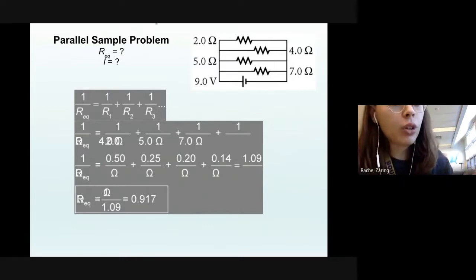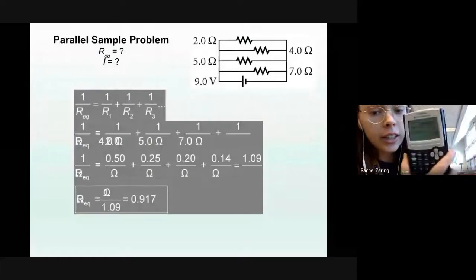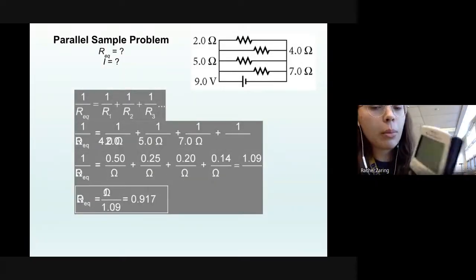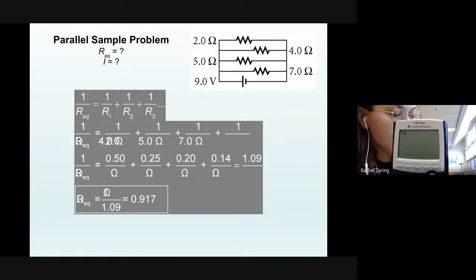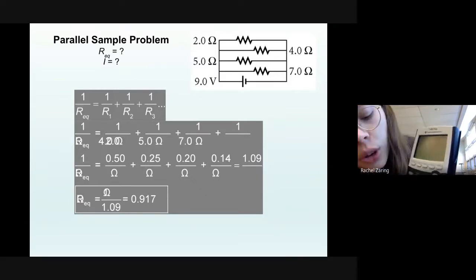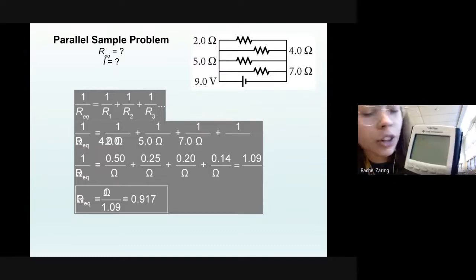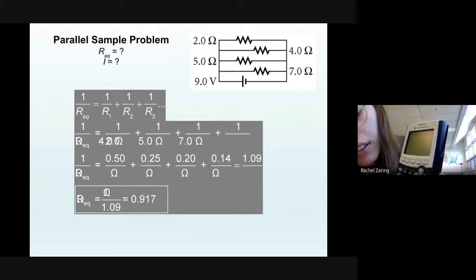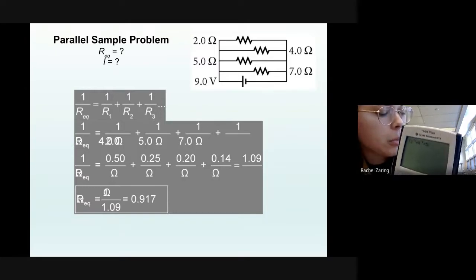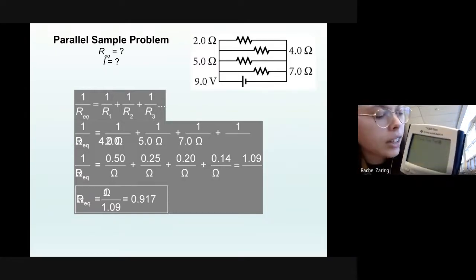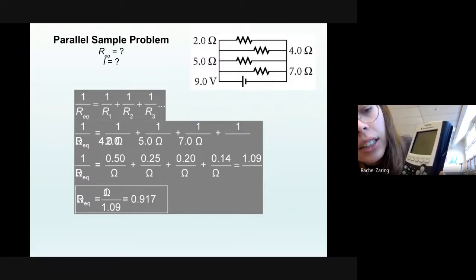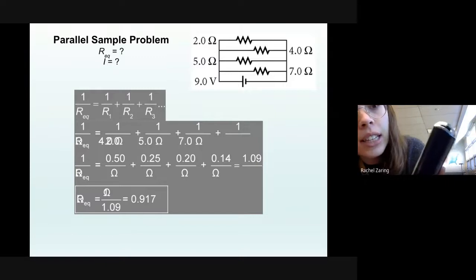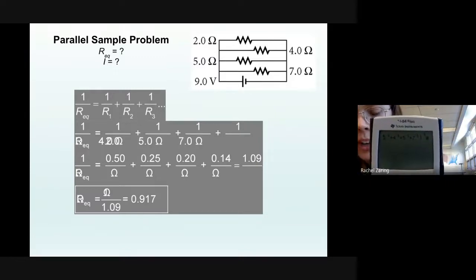Let me show you how to plug this into your calculator using that inverse button. I would do my parenthesis, and then 2 with my inverse button plus 4 with my inverse button plus 5 with my inverse button plus 7 with my inverse button. So that's what you should have so far. I'm going to close my parenthesis and add one more inverse.